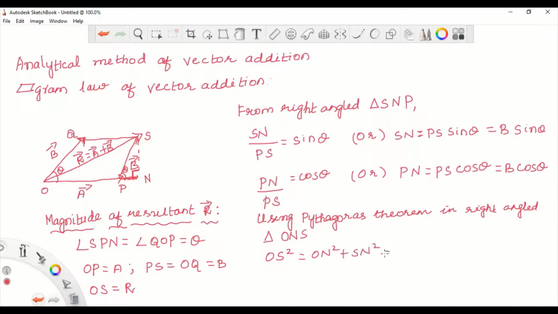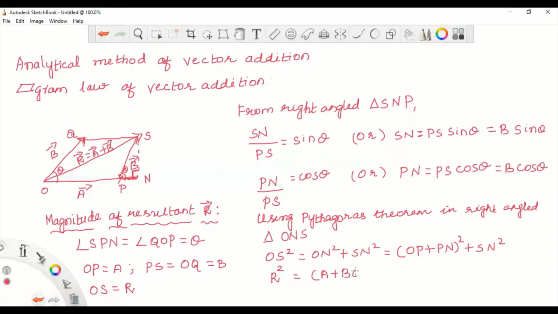What is ON again? OP plus PN, the whole square, plus SN square. OS is R. So R square is equal to OP, that is A, plus PN, already we got PN as B cos theta.